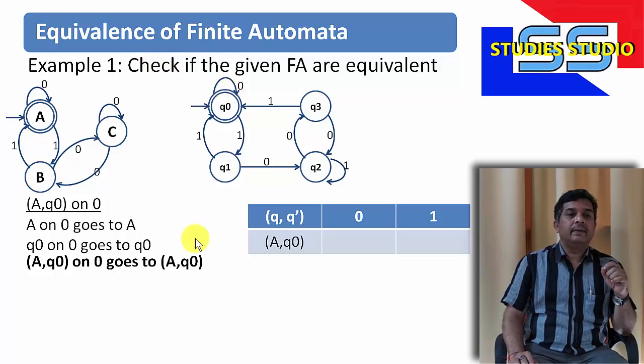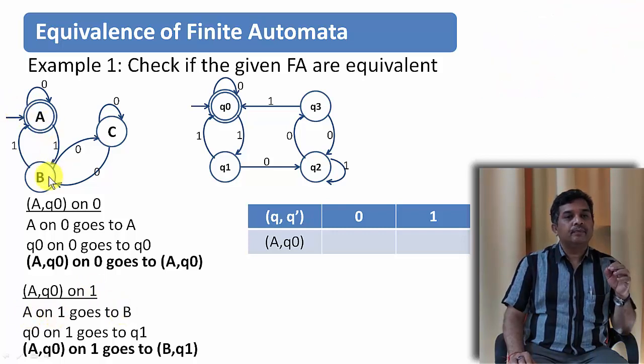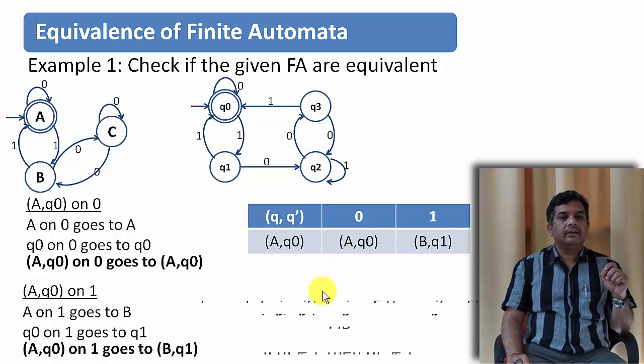It means A, Q0 on 0 goes to A, Q0. Similarly, A, Q0 on 1: A on 1 goes to B, and Q0 on 1 goes to Q1. So A, Q0 on 1 goes to B, Q1. I'll write both the states here. You can see the formula here.